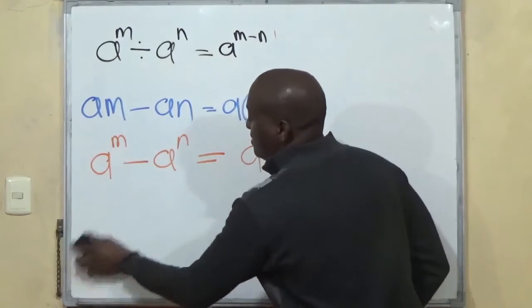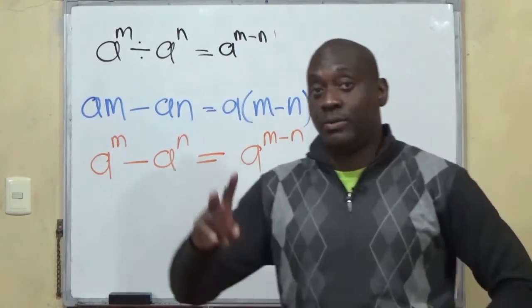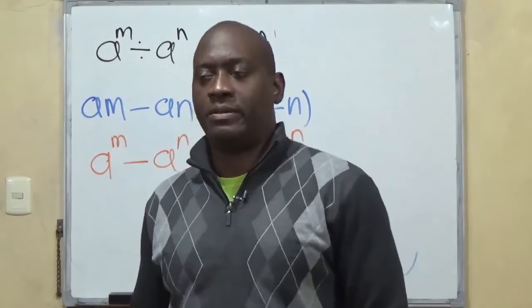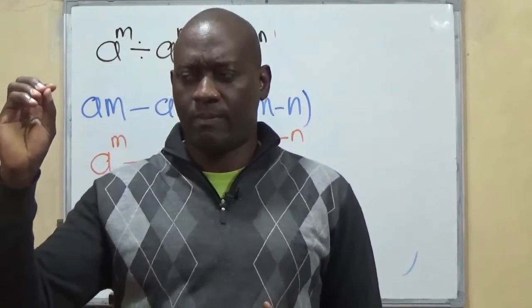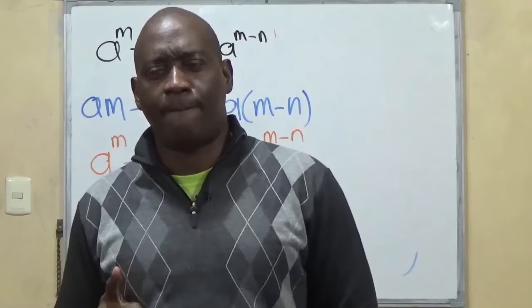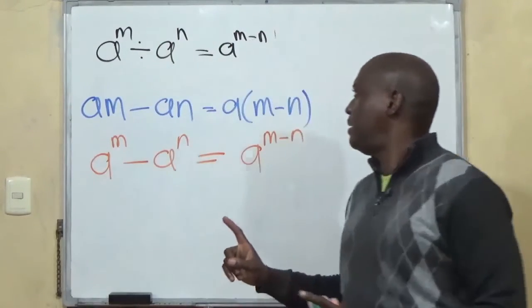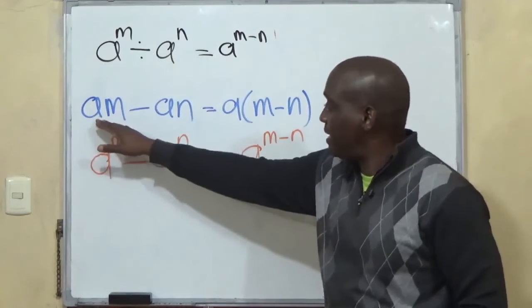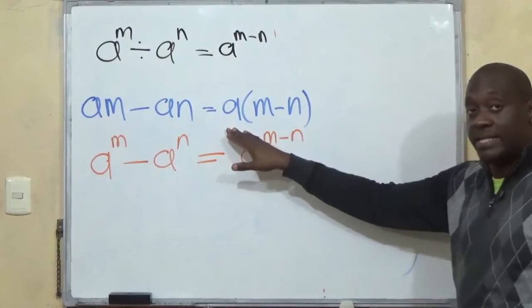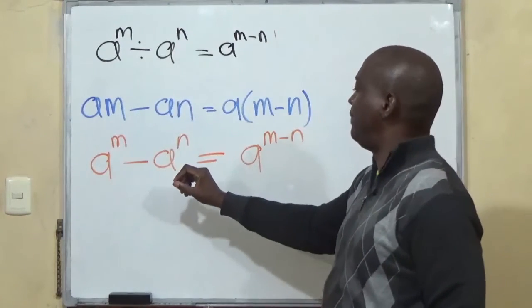So two things have to happen if we have to contemplate this rule. The bases have to be equal, first of all. And secondly, the operation has to be division. So in this case, just as was the case with the multiplication, previous rule, right?